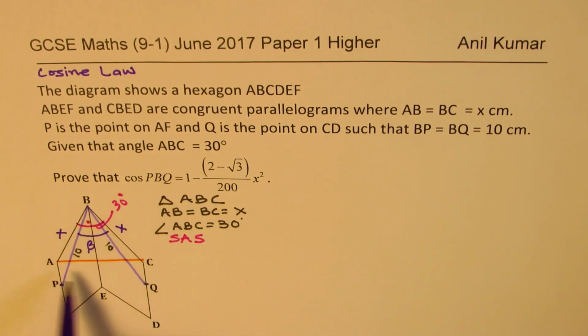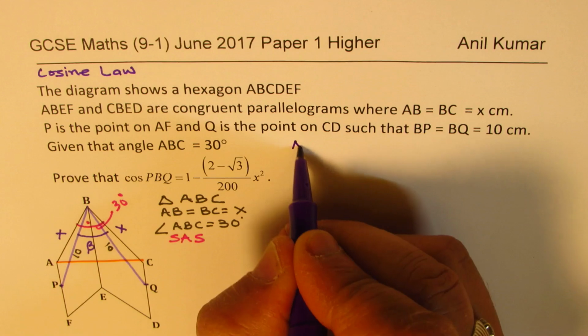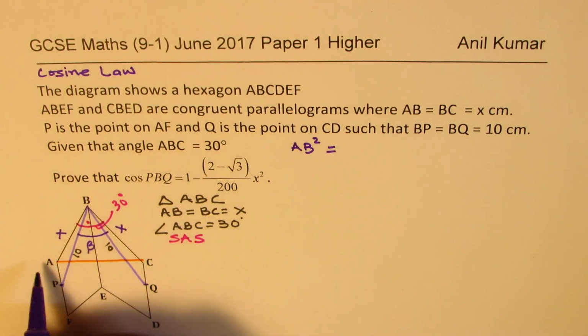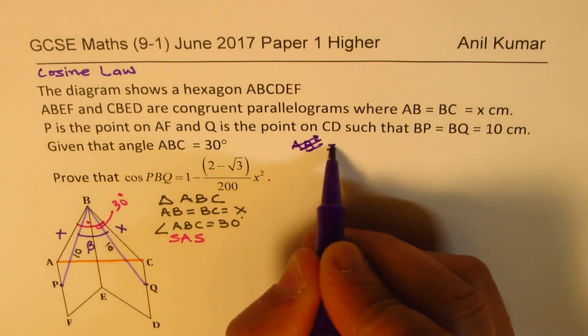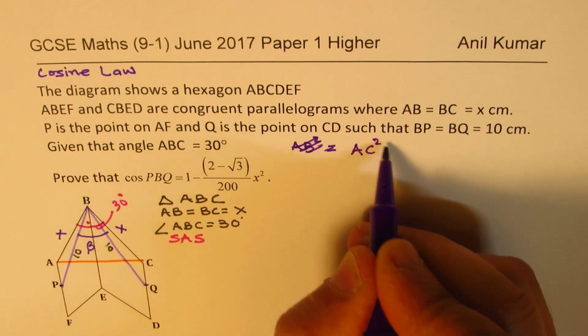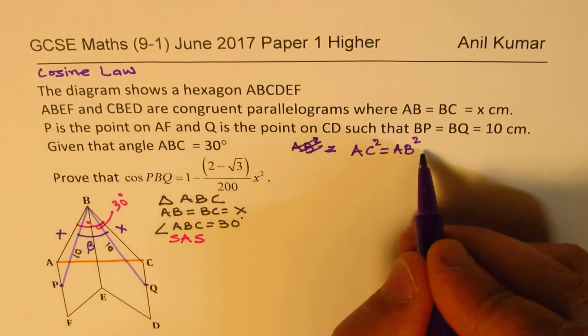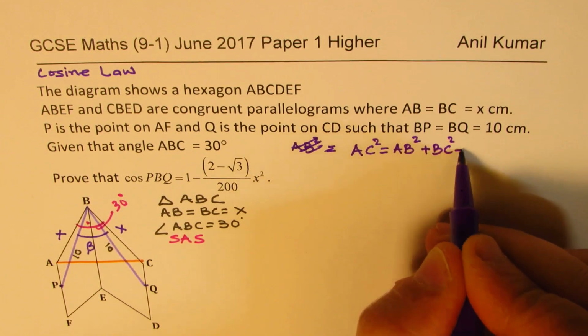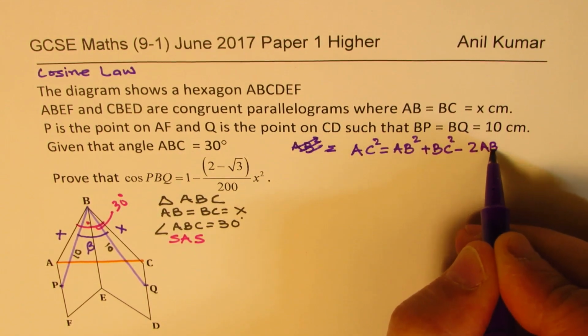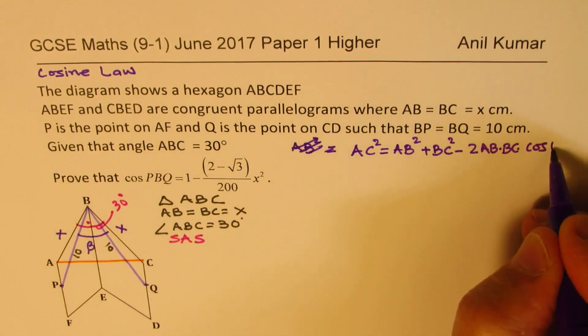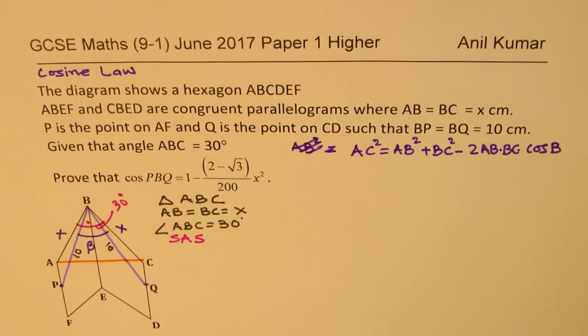In any triangle ABC like this, we can write cosine law as, since we are given AC square, AC square is equal to AB square plus BC square minus 2 times AB times BC times cos of angle between them. Let's call this angle B. That is cosine law, correct?